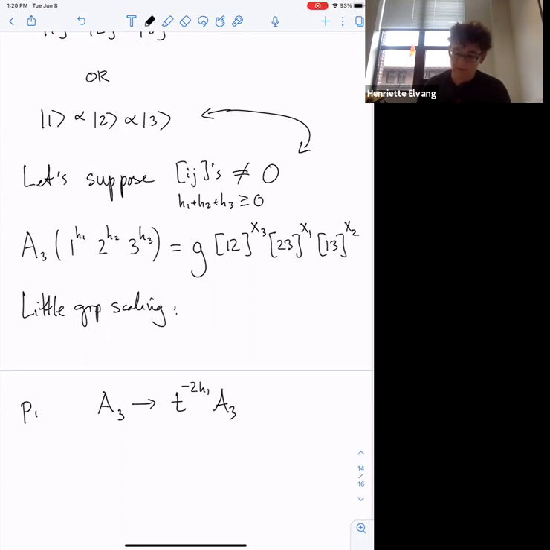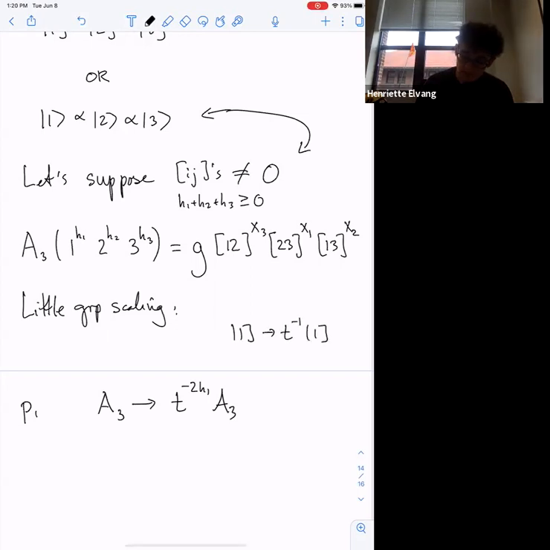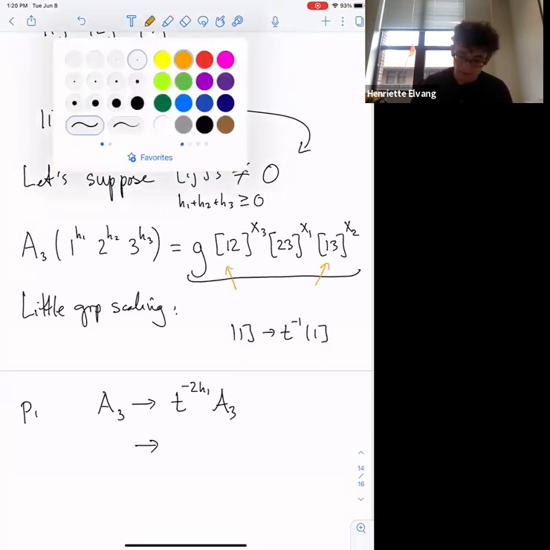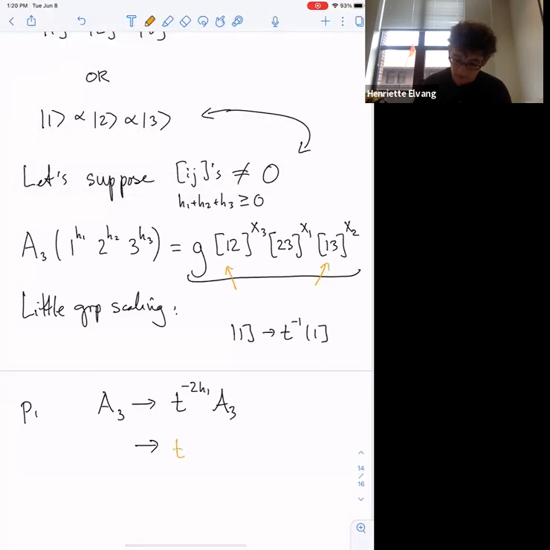But when I remember that little group scaling takes a square bracket to t to the minus 1 times that square bracket, then I can also see from the explicit expression that I wrote in my ansatz up here that there are 2 places that I encounter square 1. And so that means I would also get a scaling from this that goes as t to the minus x3 minus x2.